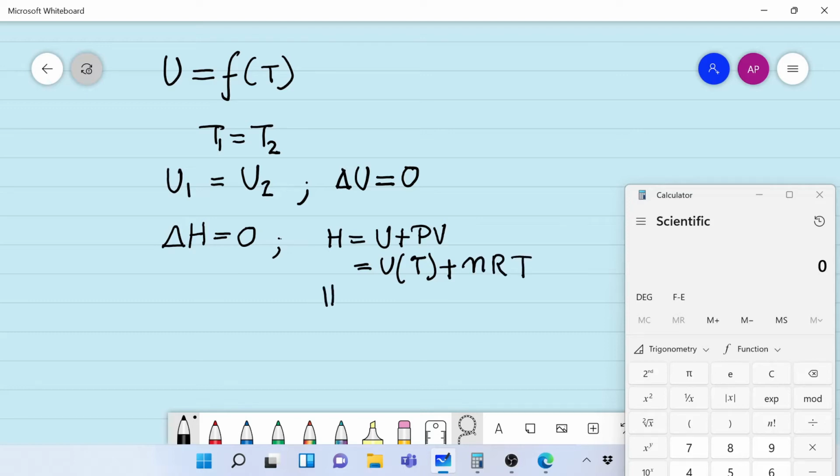Now, as you can see here, that ends up being only a function of temperature. Therefore, change in enthalpy is also 0.